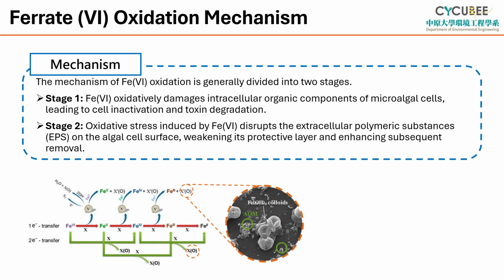And in stage 2, oxidative stress induced by ferrate(VI) disrupts the extracellular polymeric substances, EPS, on the algal cell surface, weakening its protective layer and enhancing subsequent removal.